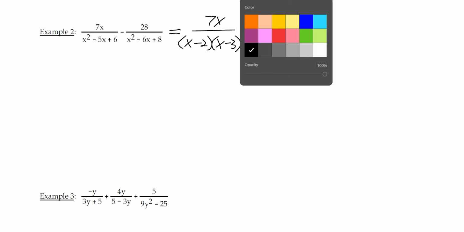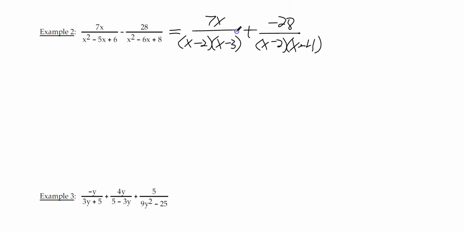Okay, so this first one needs the x minus 4. And the second one needs the x minus 3. And now we have common denominators.